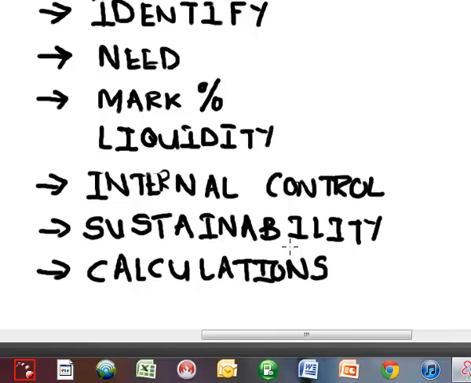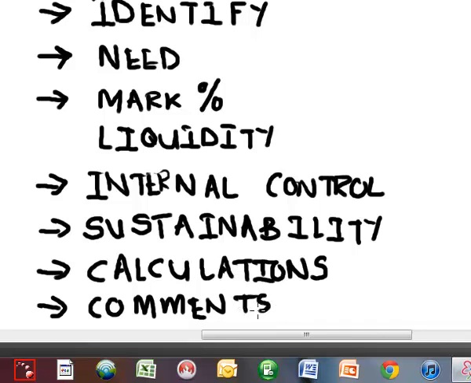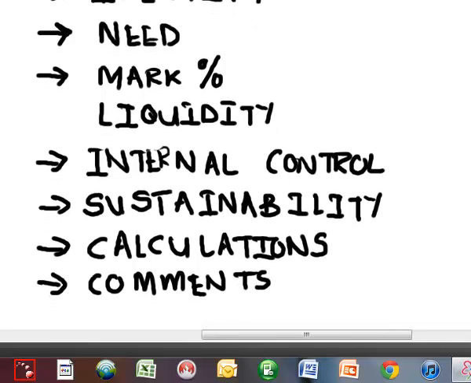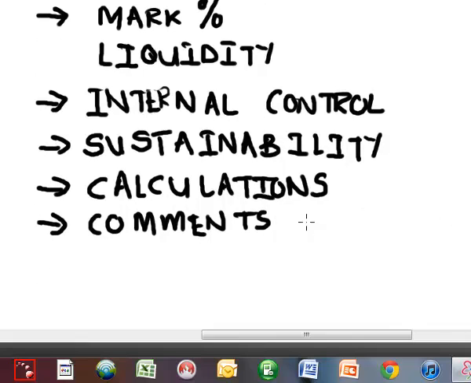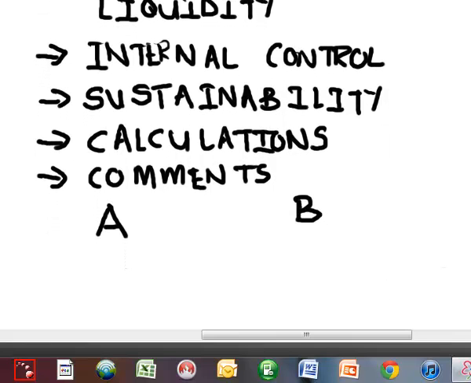Once you have done your calculations, one must now be able to make certain comments and recommendations. Remember, you may be asked to do an analysis and interpretation of two separate businesses, for example, business A and business B. You may be asked to do a comparison of these two businesses.